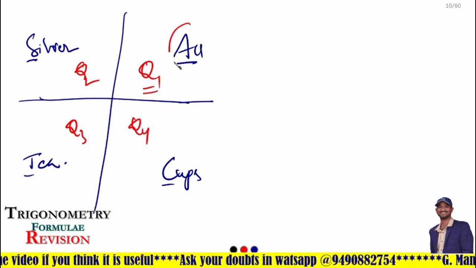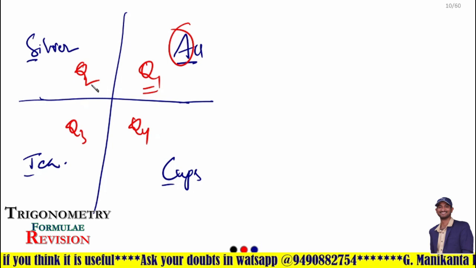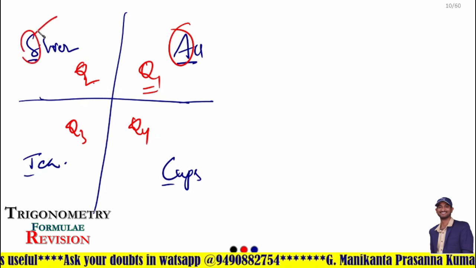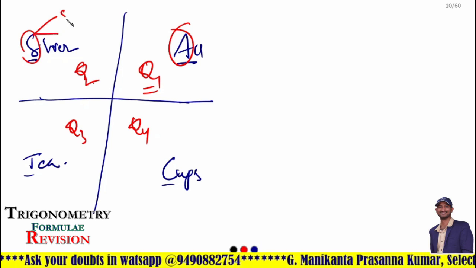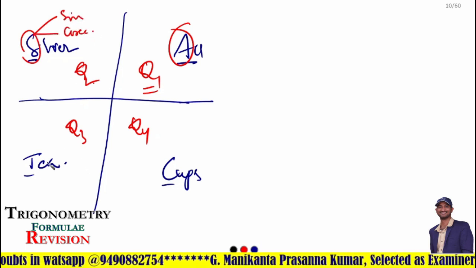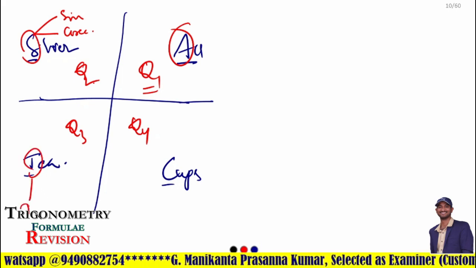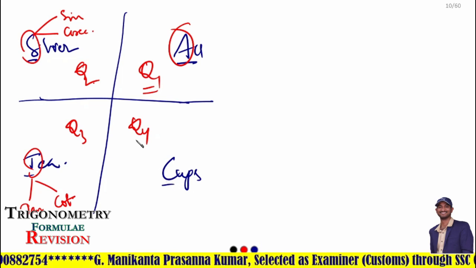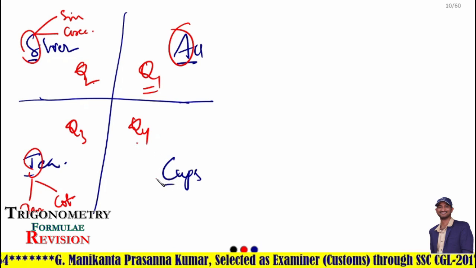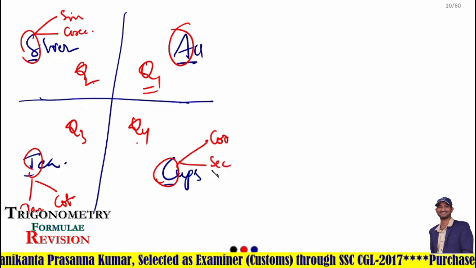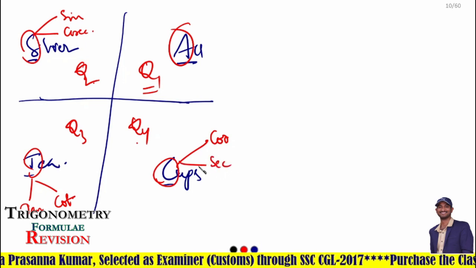In the first quadrant, all trigonometric ratios are positive. In the second quadrant, S means sine and its inverse, cosecant. In the third quadrant, T means tan and its multiplicative inverse, cot. In the fourth quadrant, C means cos and its multiplicative inverse secant are positive, the remaining are negative.